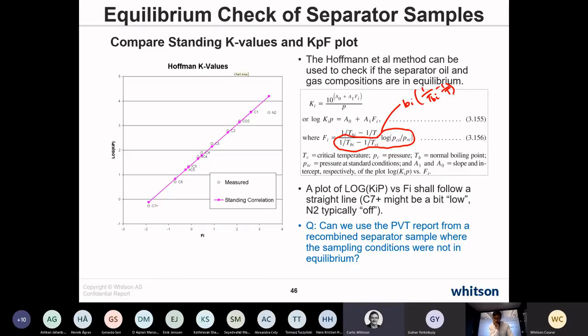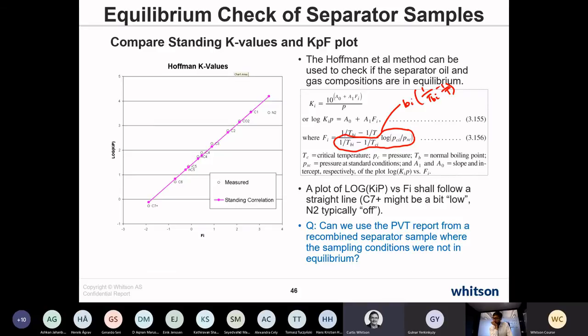If, however, for some reason you want the actual equilibrium compositions in the separator, for process calculations or just having K values in the EOS tuning of the separator, and getting the equilibrium compositions accurate is important, what I would recommend is taking the separator gas and separator oil that don't show a good consistent plot like this, where there's some deviation and you don't think it's completely in equilibrium, and taking the recombined physical mixture and bringing it to separator conditions.